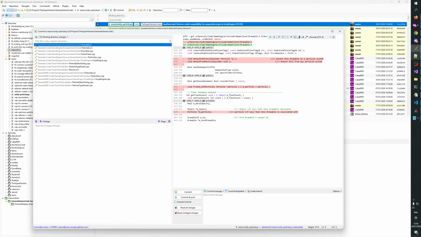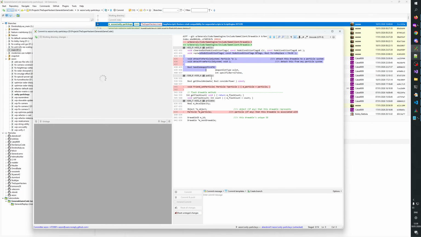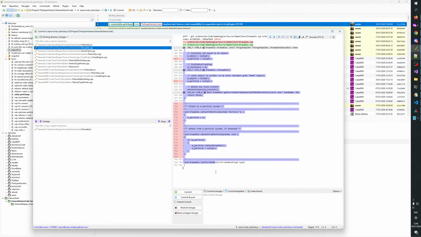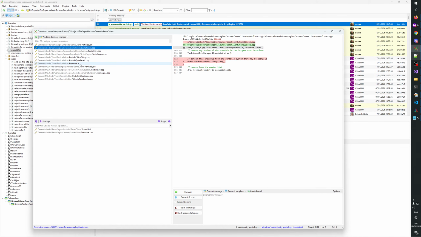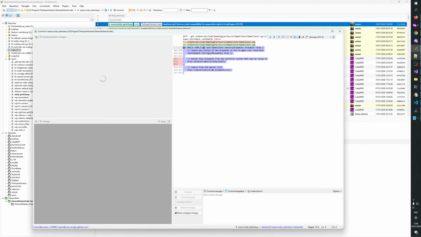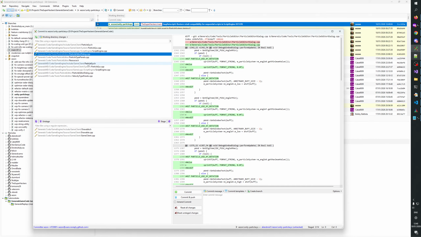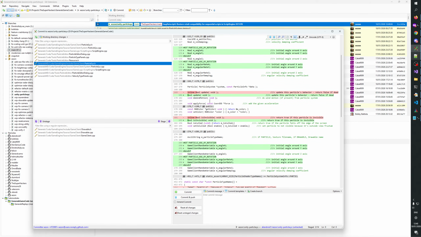Let's start again. So, this guy, fair, drawable. All of this, yes, drawable. Game client, yes, and that's it. And then ParticleSystem.